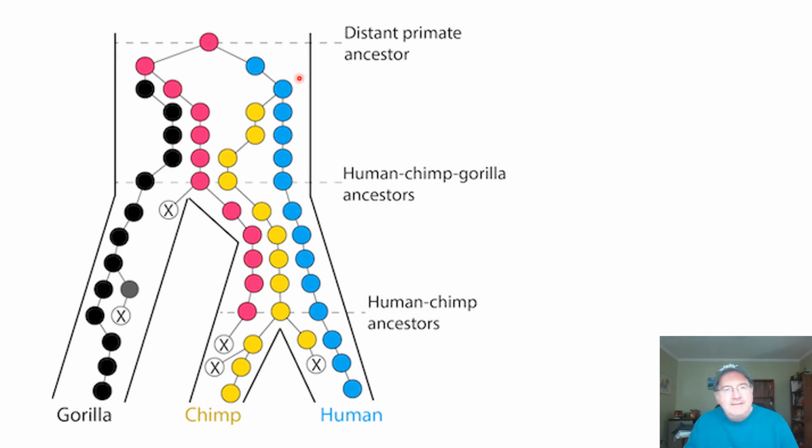These inner circles and the lines connecting them represent, for one gene, four different alleles. So we start out with a single allele in the distant common ancestor of these three, and then this gene duplicates to produce this pink and this blue allele, and these are passed on to descendants.